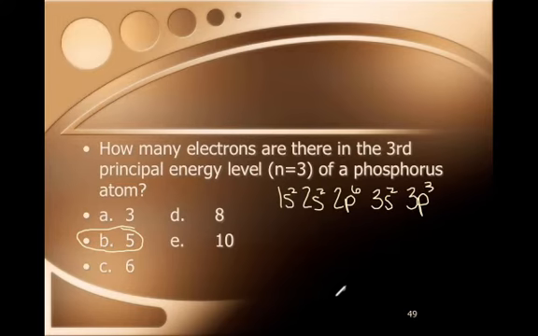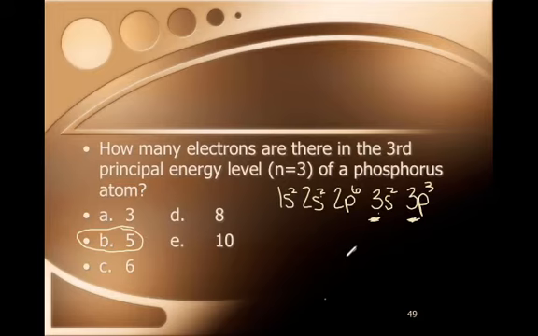So this would be your complete configuration, and we're looking at n equals 3, the 3rd energy level. These two sublevels. So how many electrons are in the 3s and 3p of phosphorus? 2 plus 3 is 5. If it had said n equals 2, then you would have done the 2nd energy level, and there would have been 8, correct?